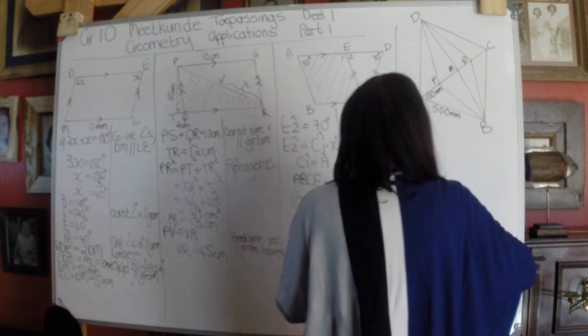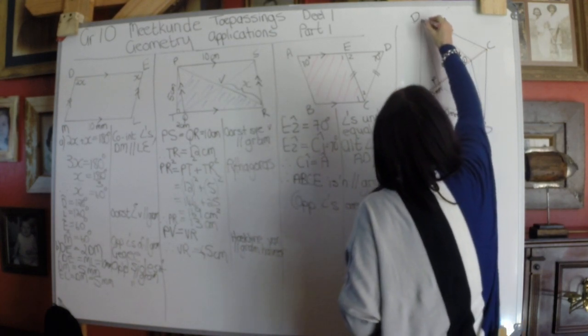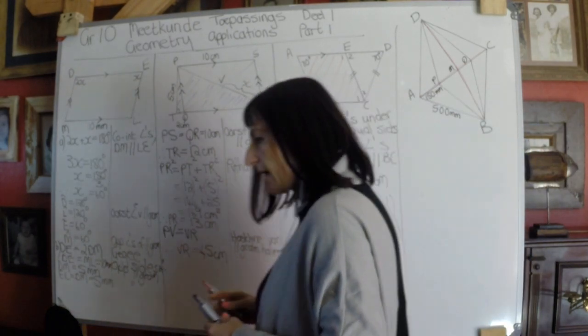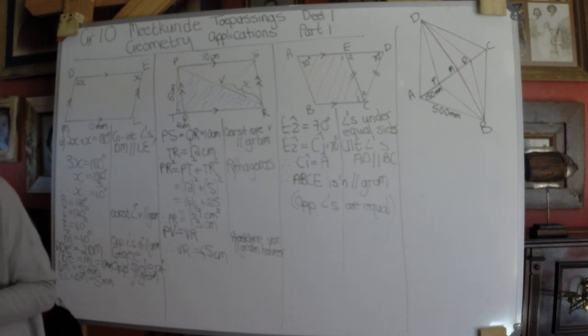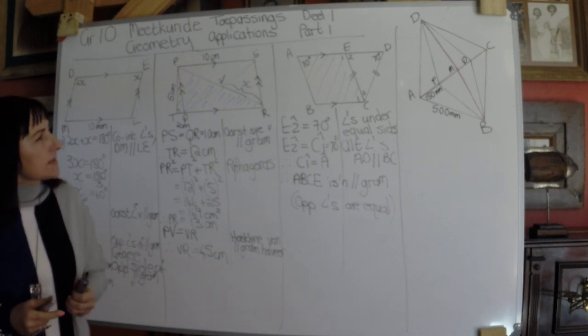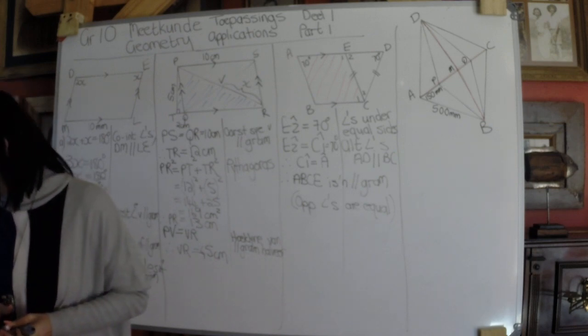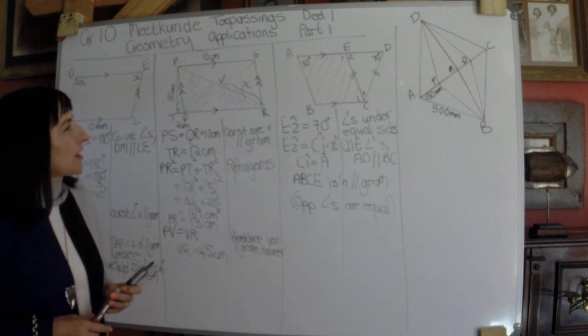Kom ons gaan teken hulle net. AC and DB. That's diagonals of a parallelogram ABCD. So they say that quadrilateral is a parallelogram. Dis gegee en dan sê hulle they half each other at M.